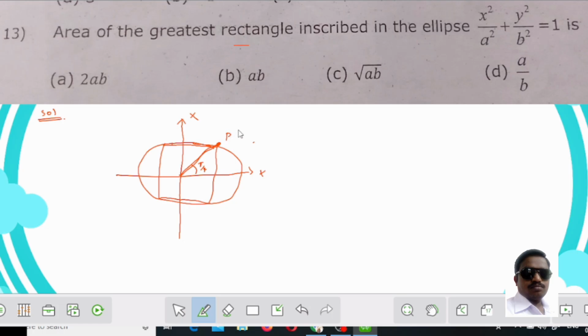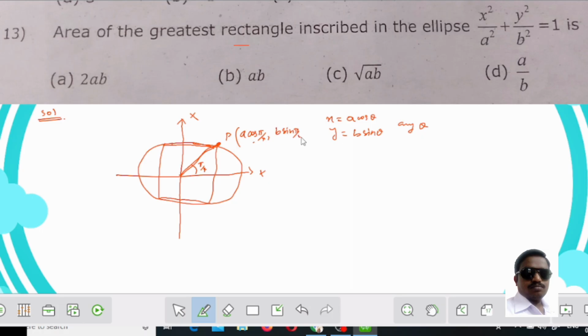You may name it as P. We know very well the parametric equation of the ellipse is x equal to a cos theta, y equal to b sin theta, for any theta. At P, the theta value is pi by 4. So you may write the coordinates of P as a cos pi by 4, comma, b sin pi by 4.